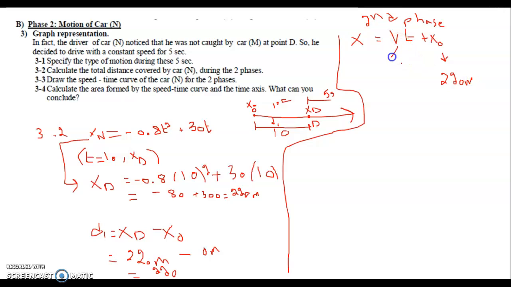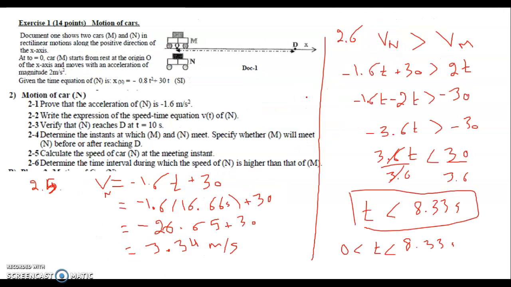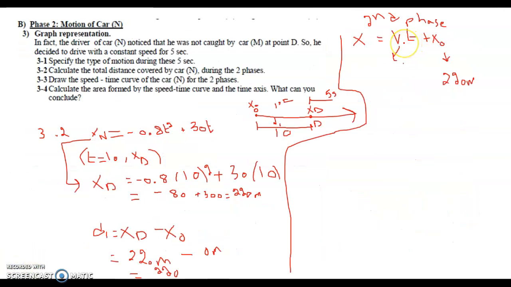And the speed is the speed at D. So where did we calculate the speed at D for N? We did not calculate it previously, so we have to calculate it now.